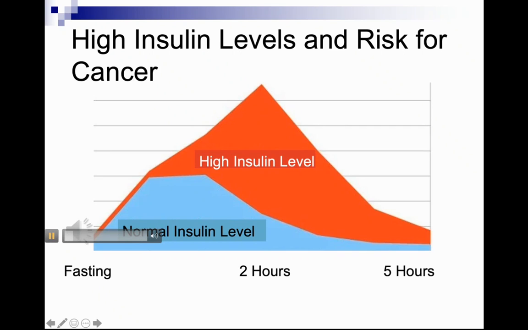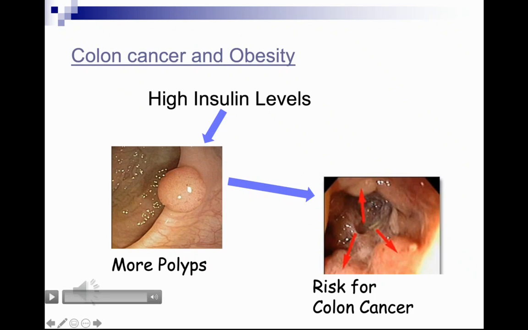Individuals who are overweight or obese often require more insulin to move glucose into the cell. And those higher levels of insulin are a risk factor for malignancy. Insulin is anabolic, and some malignancies have insulin-like growth factors, meaning that they will respond to high levels of insulin.